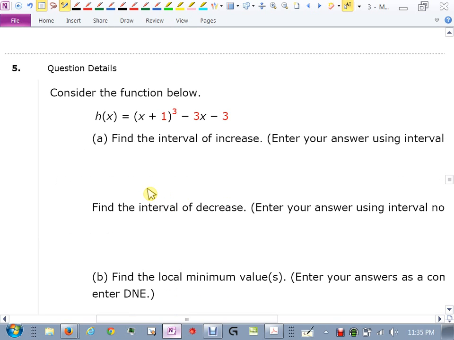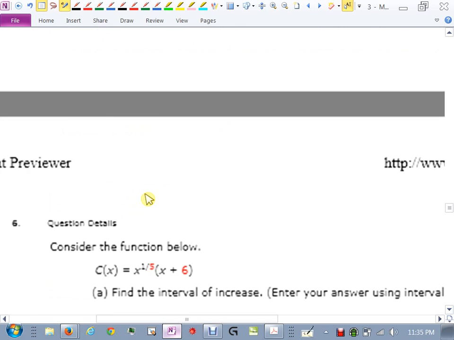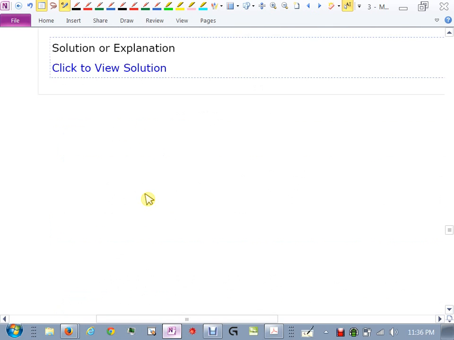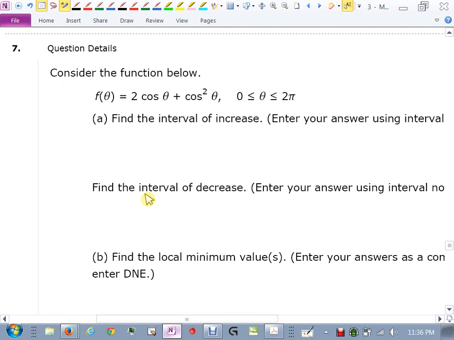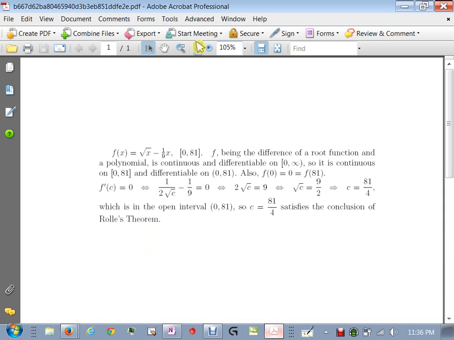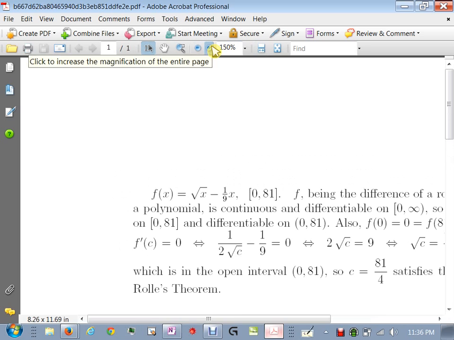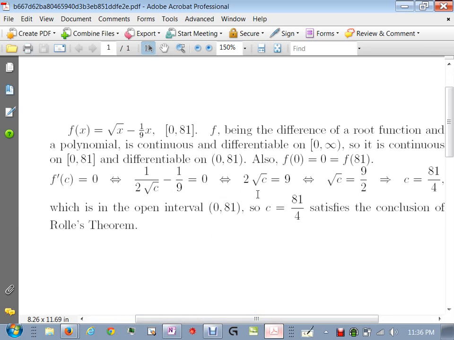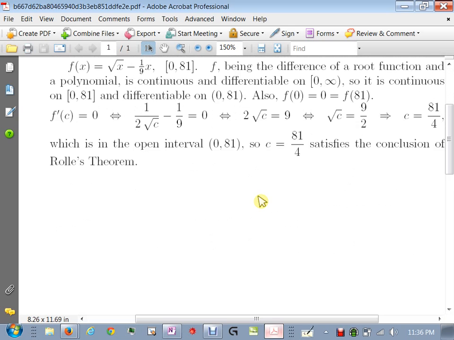Here's my 5th one. Here's my 6th one. And here's my 7th one. Okay, so now I think you probably want to see the answers to these, so let me try and get you that. This is not it.